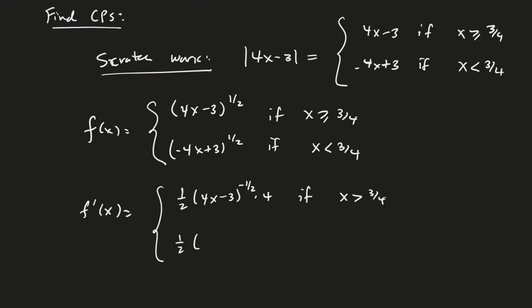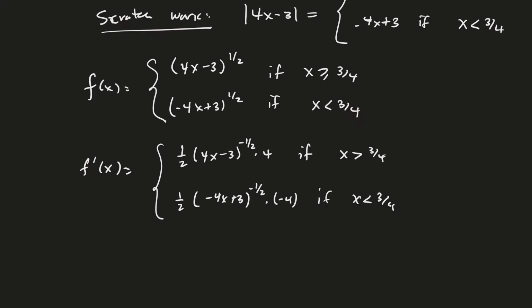Minus 4x plus 3 to the minus 1/2 times minus 4, if x is less than 3/4. Now notice that the 4x minus 3 is appearing in the denominator, right? So we are going to be having trouble at 3/4.